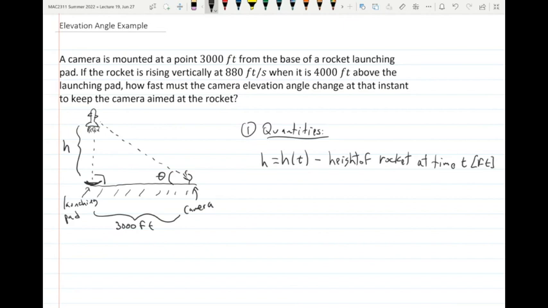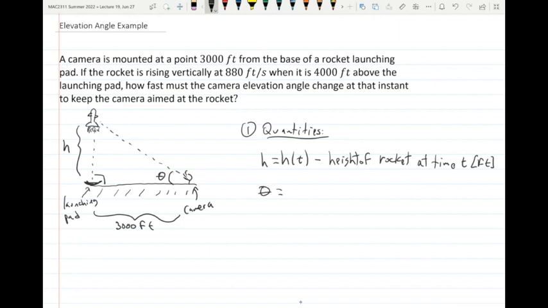Feet. Okay. What's another quantity that we care about? If you want to talk about the velocity of the rocket, that's just the derivative, the rate of change of the height. So that's already kind of included in that one.